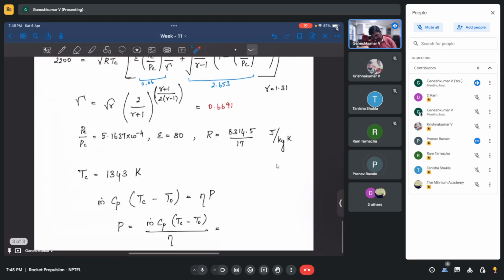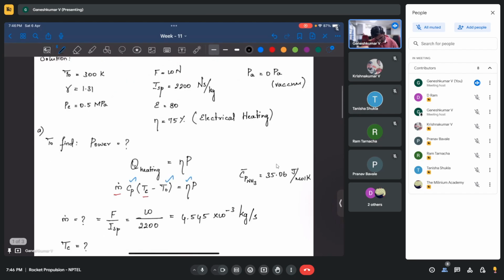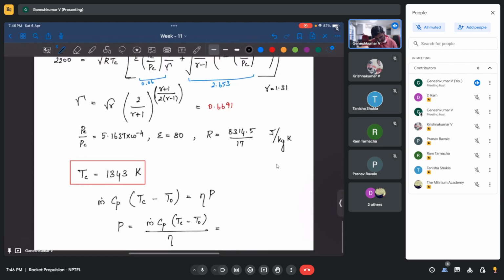Sorry. So the temperature is around 1343 Kelvin or 1342 Kelvin, and now you can directly find the power required. This is the amount of heat you need to heat from 300 Kelvin to 1343 Kelvin. So let's substitute m dot, which is 4.545 into 10 power minus 3.